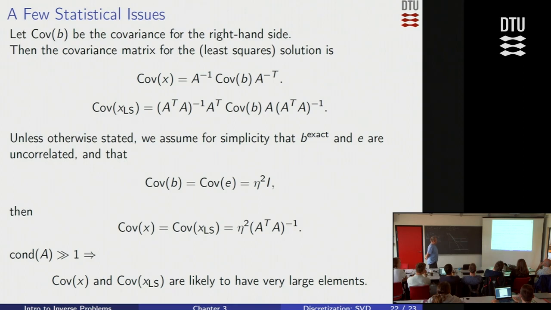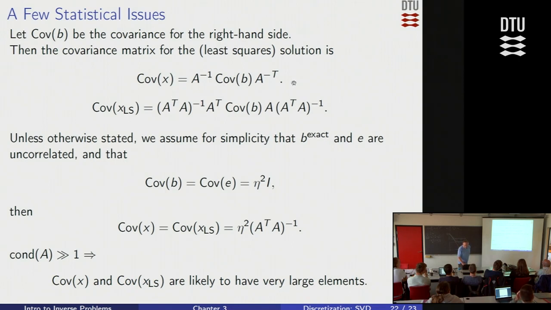For example, if we compute X as A inverse times B, assuming that A inverse exists, then you can relate the covariance matrix of the solution to the covariance matrix of your right-hand side B. Remember, the covariance matrix says something about the variations in the noise in the data, and this tells us about the variations in the solution. You can see they are related in this way. That's a basic result from statistics.